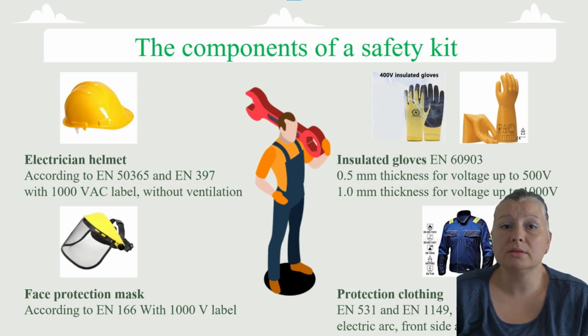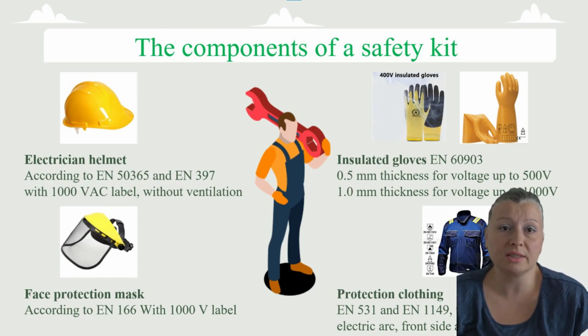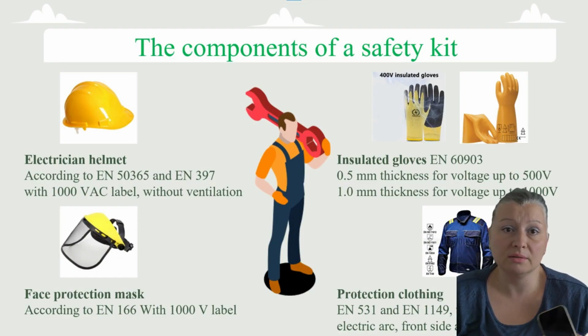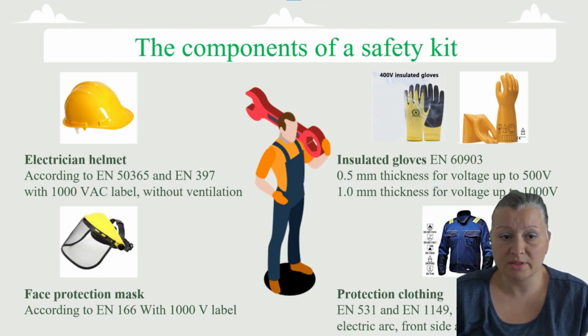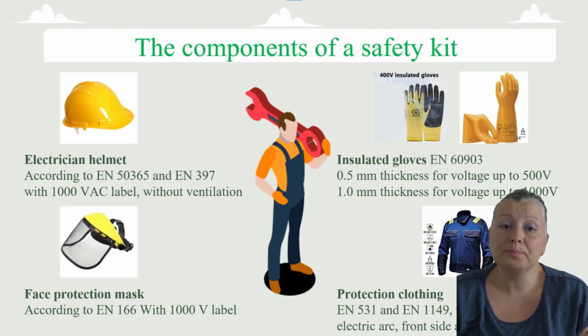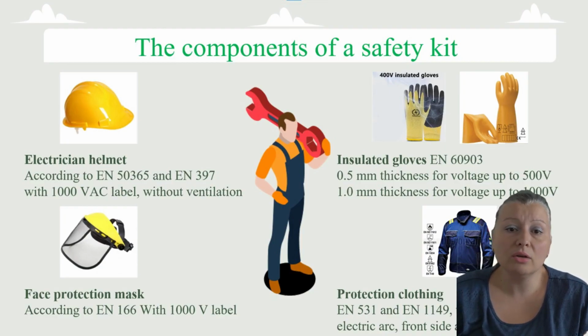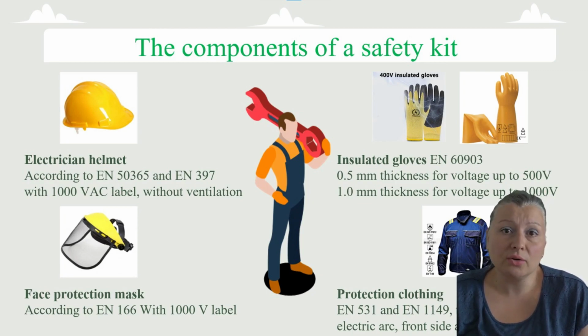It is very important to ask your chief of staff, namely the service chief, to give you the safety kit that involves electrician helmet, insulated gloves, face protection mask, and protection clothing tested for electric arc front side and sleeves. So, without this piece of clothing, you will not be able to intervene safely and securely on an electric vehicle.